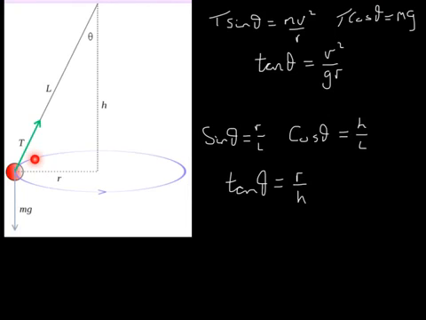Your sines and cosines will swap over, and your tan will be h over r instead of r over h. So you need to just bear that in mind. These equations are based on theta being up here, the angle between the string and the vertical. So just bear that in mind when you're using them, that they're not just plug-in, you have to base it on the particular way the situation has been described to you.